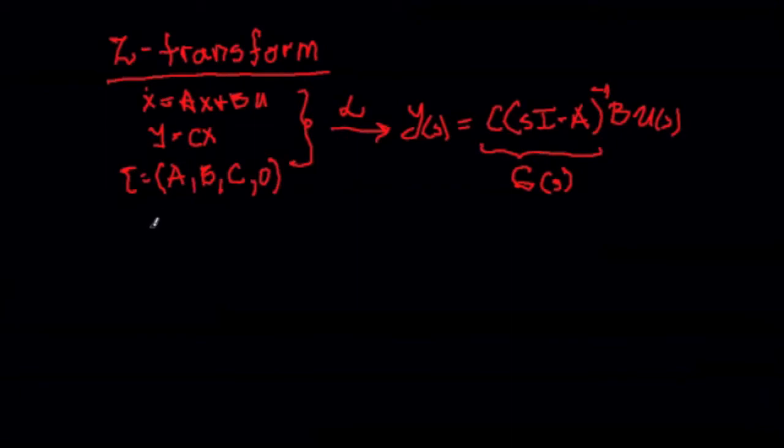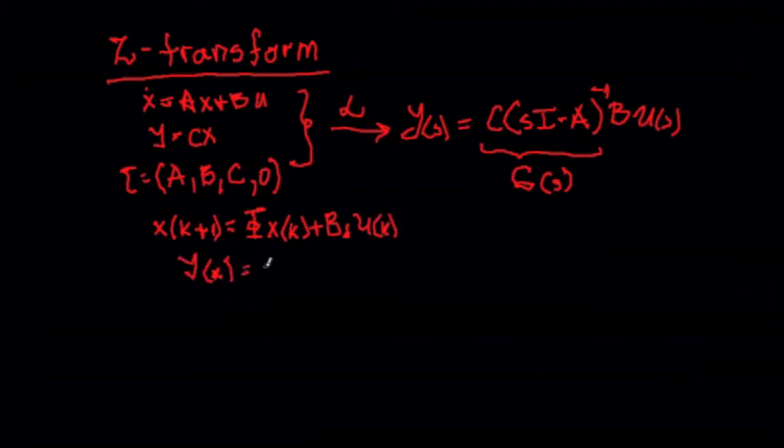In the same way, for the difference equation, x of k plus 1 equals phi of x k plus B, or gamma in this case, I will call this B discrete, u of k, y of k equals C discrete x of k.